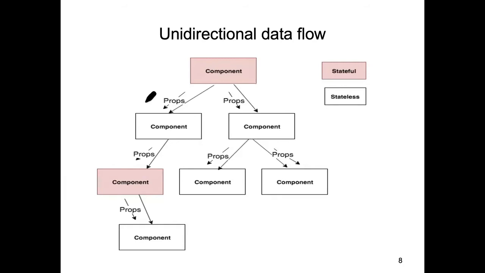The opposite is what's called a bidirectional data flow, or bidirectional data binding, which all of the other single page app frameworks that existed at the time followed. React went against that. The main reason being that they felt it's easier to debug your code if you've got a unidirectional data flow.